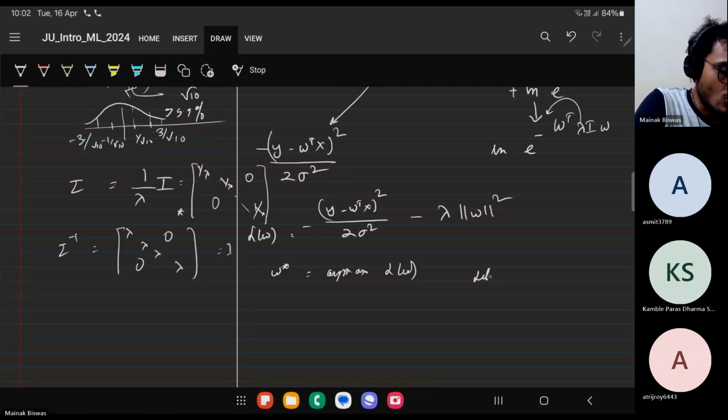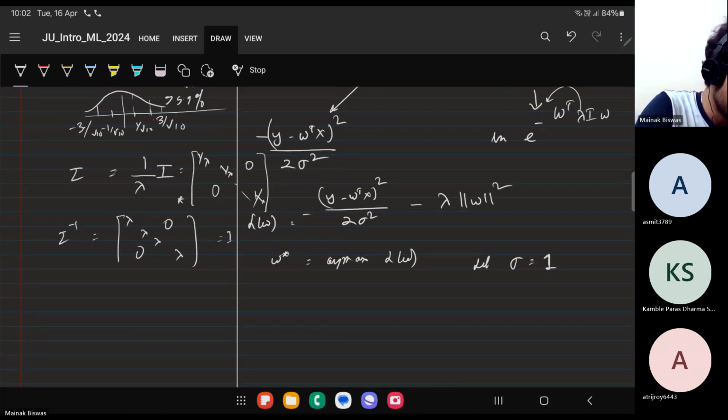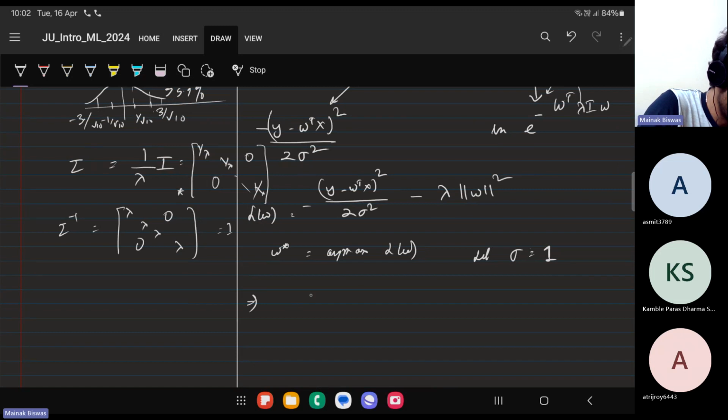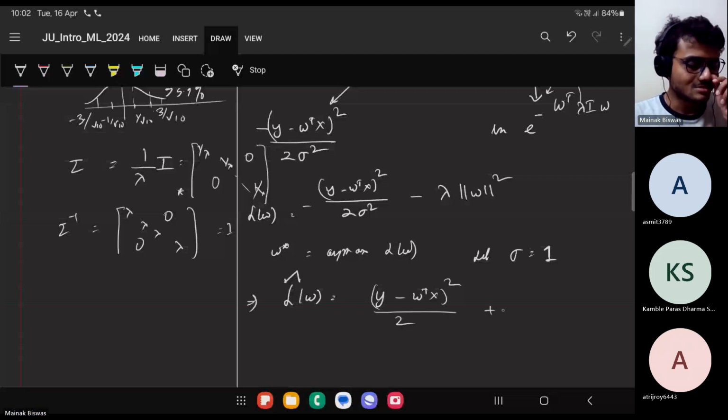So let sigma equal 1. If sigma is equal to 1, then let us write L cap of W as y minus W transpose X squared by 2 plus lambda W squared, right?